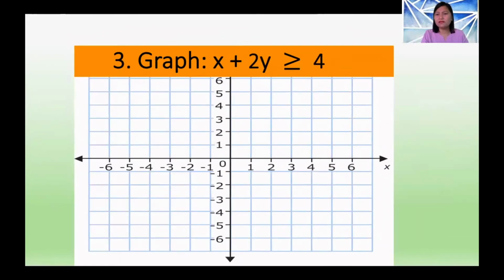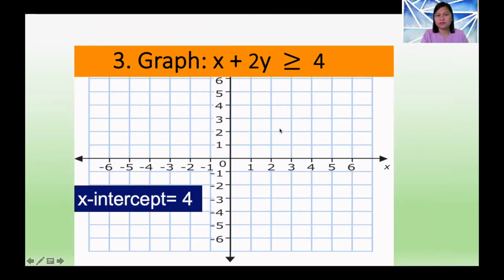Okay, let's have our example in our review. This time, since it is a linear inequality, we change the mathematical symbol to greater than or equal to. Again, our x-intercept is 4, so we have here 4, 0.